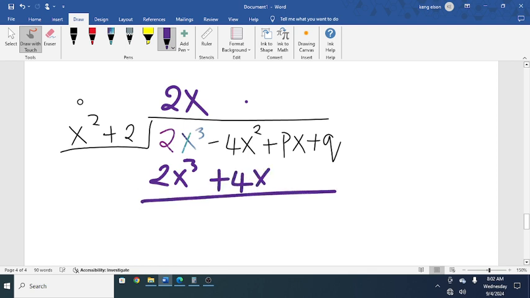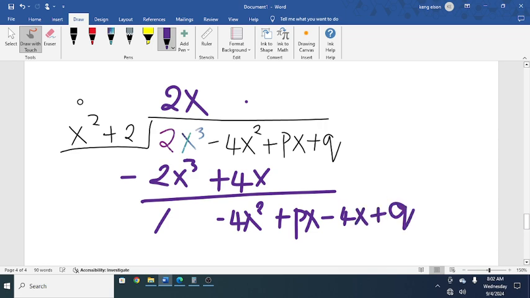Now let us subtract. We are going to have 0 here, and I'm just going to bring down negative 4x squared. Then I'm going to have plus px, then minus 4x, then I'm going to bring down q. That is what I have.